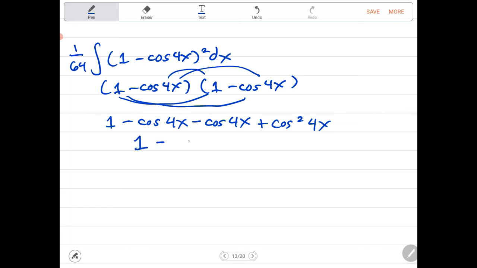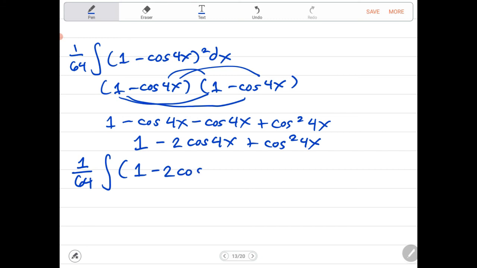So, simplify: 1 minus 2 cosine 4x plus cosine squared 4x. Okay? So, rewrite. That is 1 over 64, the integral of 1 minus 2 cosine 4x plus cosine squared 4x dx.